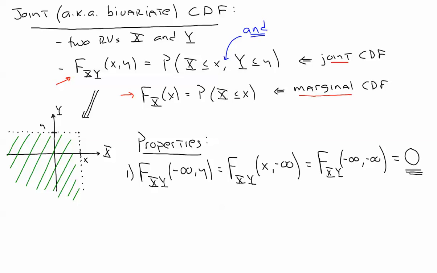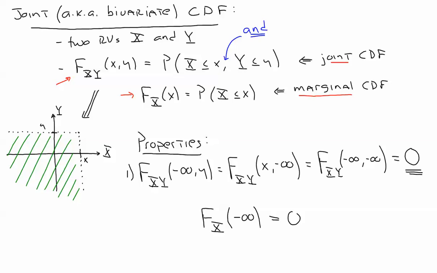Recall from our discussion of single random variables that the cumulative distribution function, the marginal cumulative distribution function evaluated at minus infinity for any random variable is exactly 0.